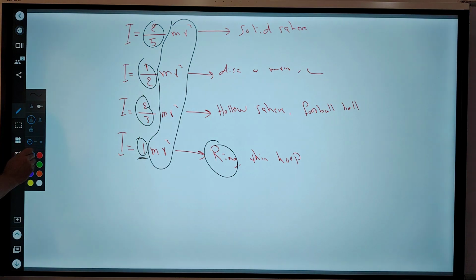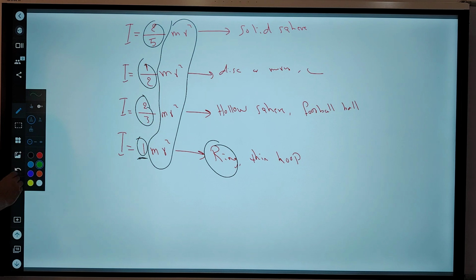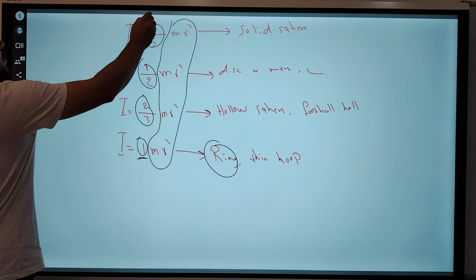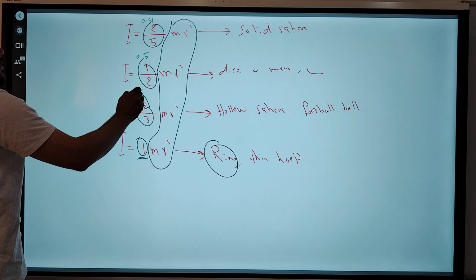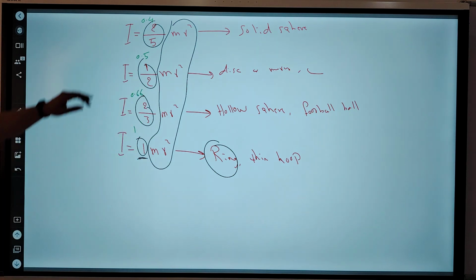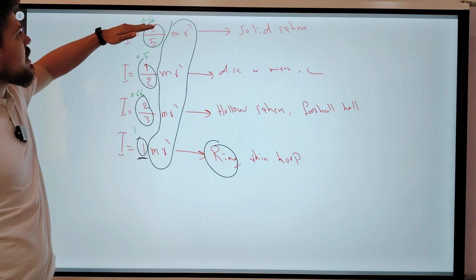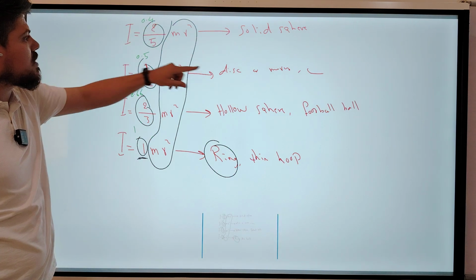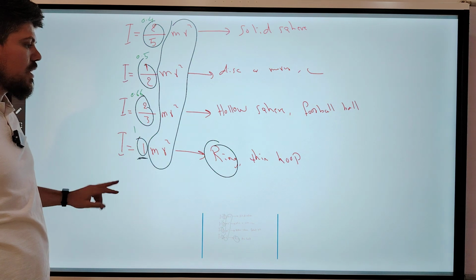If you divide these two numbers, 2 over 5, it's going to be 0.4. This is 0.5. This is 0.66, this is 1. As you can see, the moment of inertia of the solid sphere is less than that of the disc, the hollow sphere and the ring.